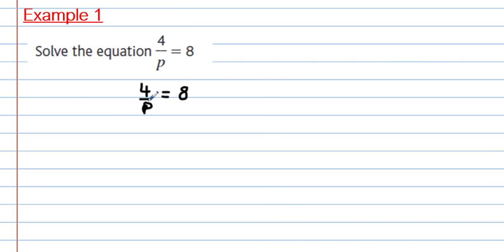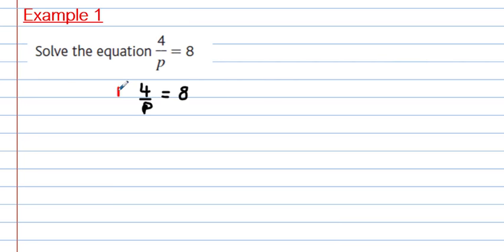If you look here, the p is dividing, so we have 4 divided by p. To get rid of something in algebra, you do the opposite. So to get rid of that p, I'm going to multiply both sides by p.